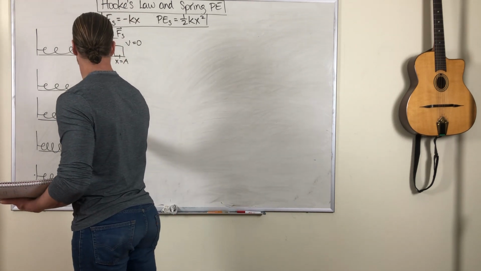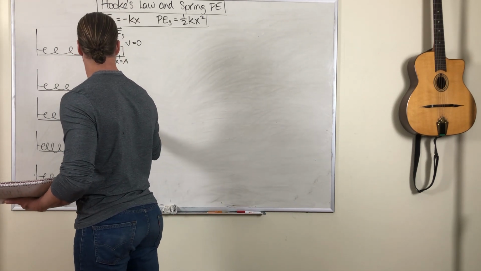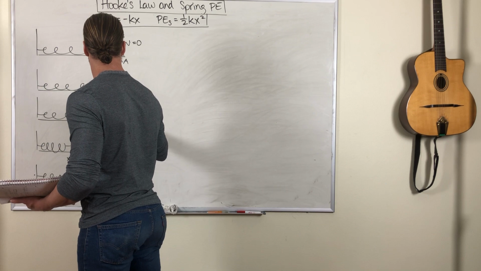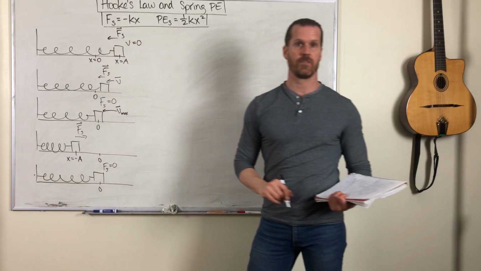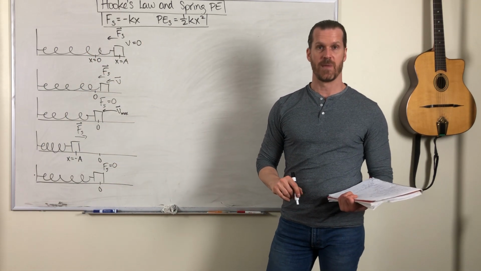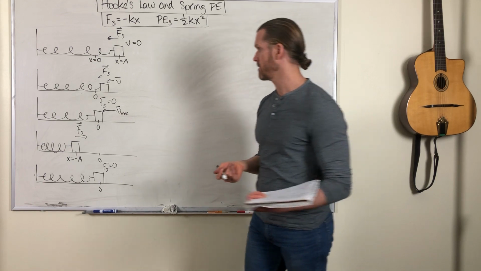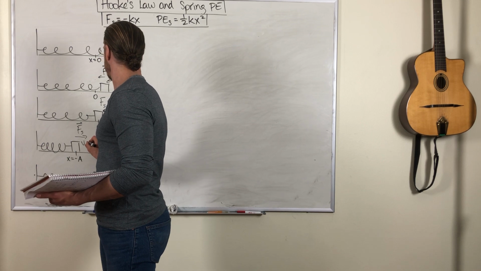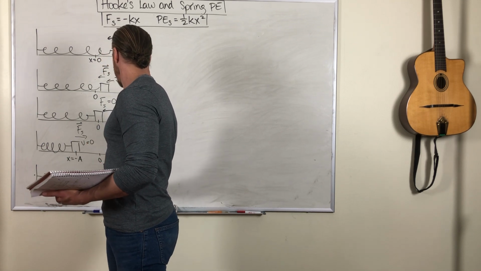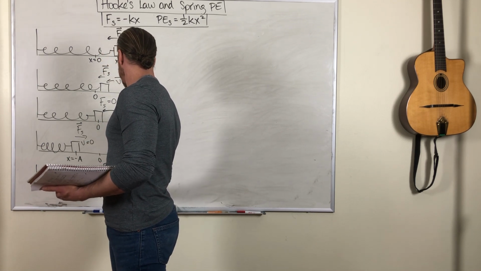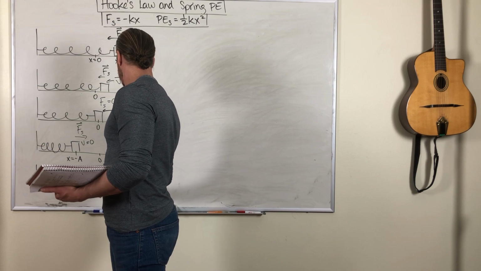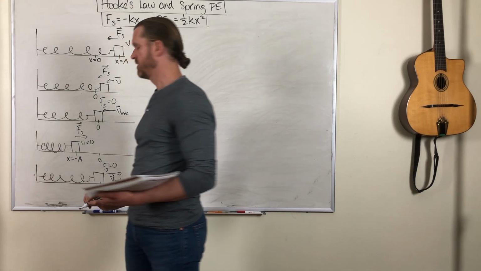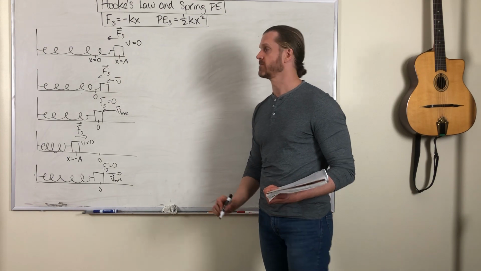At this equilibrium position, we have the largest magnitude of velocity, the largest speed. At the turnaround point, v is 0 again. And as we pass through equilibrium, we again have that large v max, just headed in the other direction.